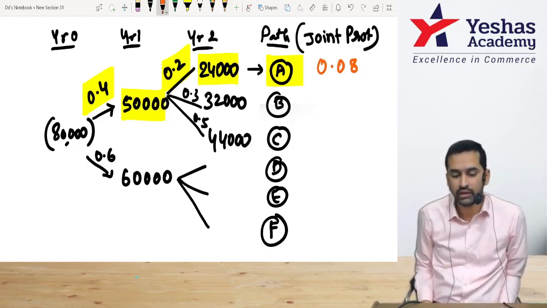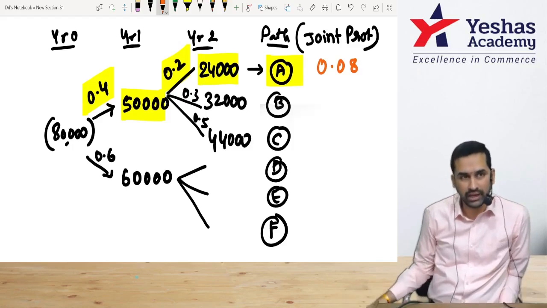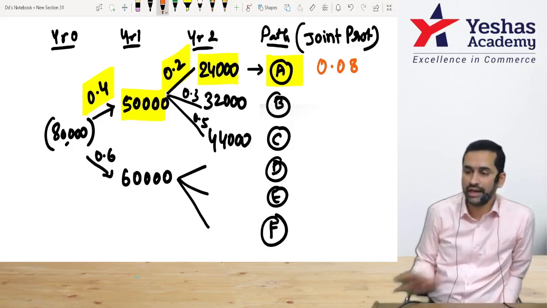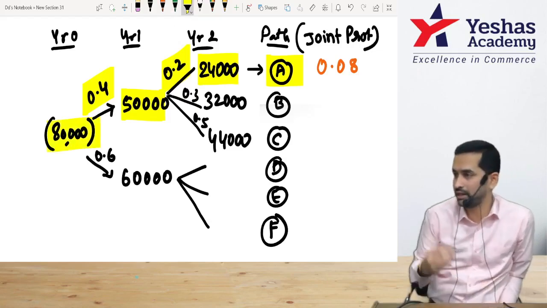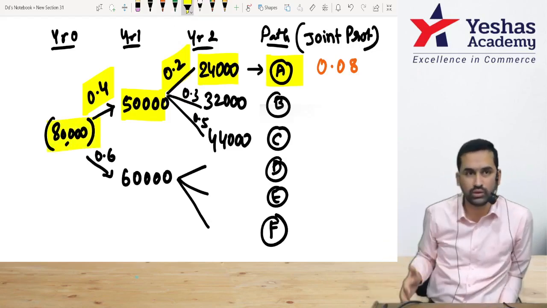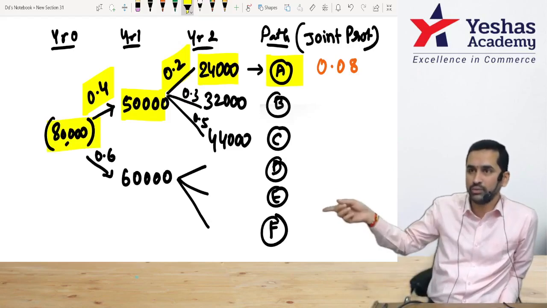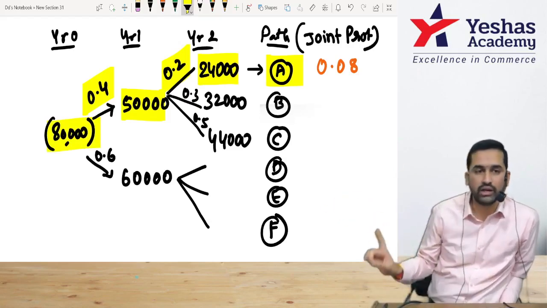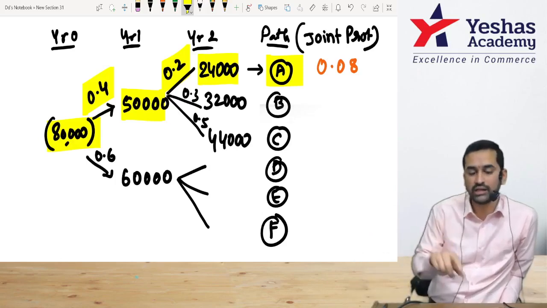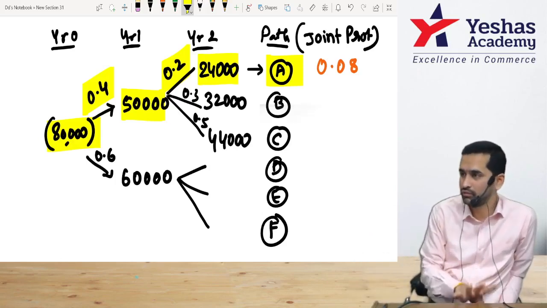I'm repeating. For path A to become reality, you should earn 80,000. There is no question, correct? Therefore, I'm not starting from year 0 every time. 80 has to go. That is right now, no doubt in that. But for path A to become reality, you should earn 50,000 in first year and 24,000 in second year. What is the chance of you earning 50,000 in first year? 40%.